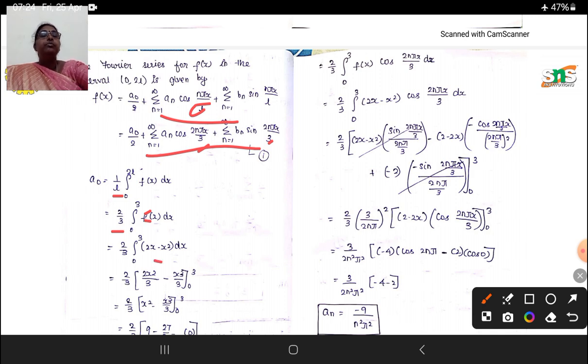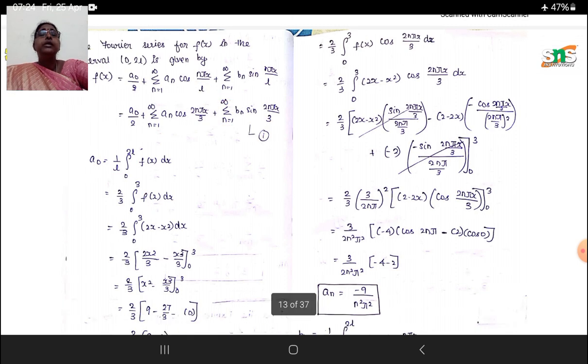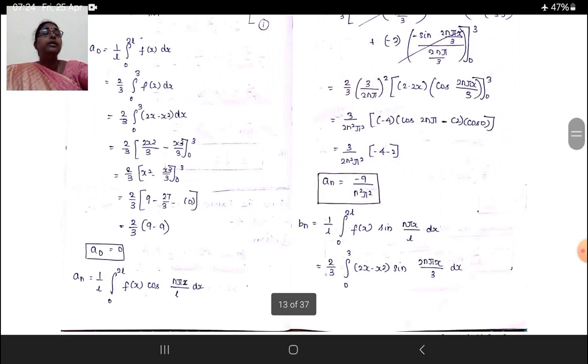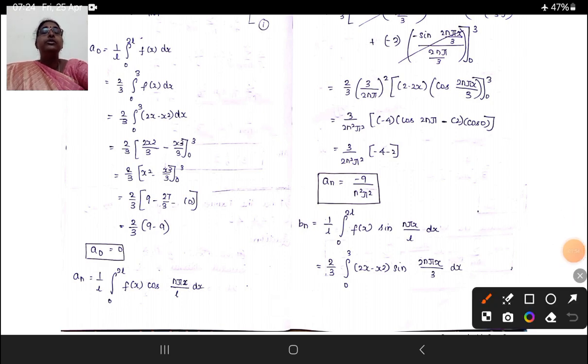Integrating: 2 is a constant, integrating x is x squared by 2, and then minus x cube divided by 3. Applying the upper limit minus lower limit, we get 9 minus 9, which becomes 0. So the a naught value we got is 0.